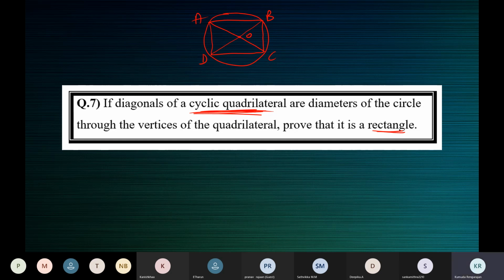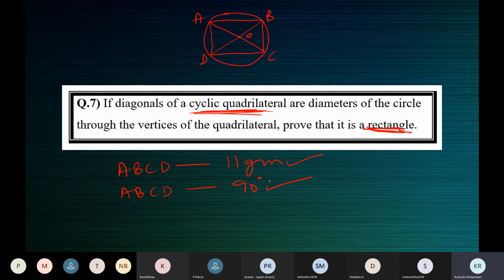So we need to prove two things. We need to prove that ABCD is a parallelogram, and also that in ABCD any one angle is a right angle. If you can prove that ABCD is a parallelogram with one right angle, every other corner will also be a right angle because it's a rectangle.